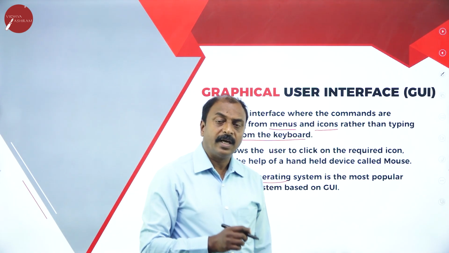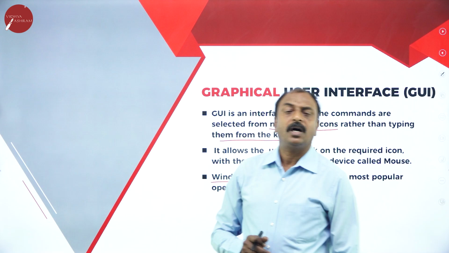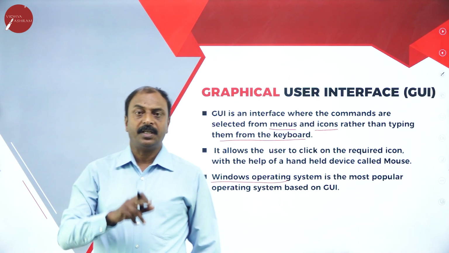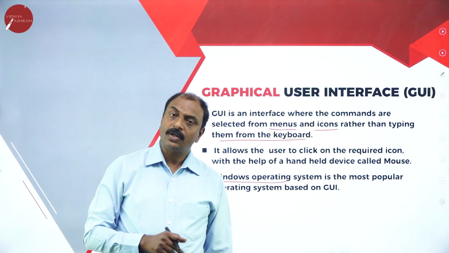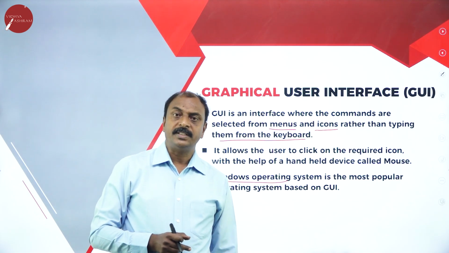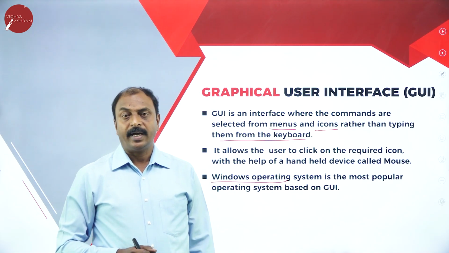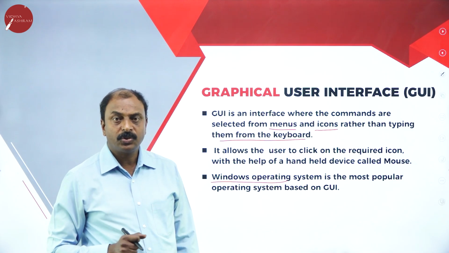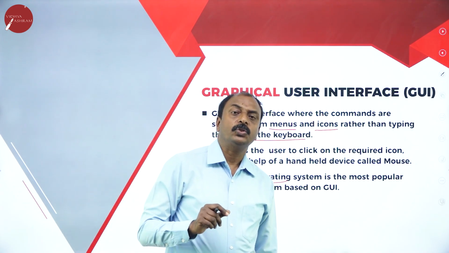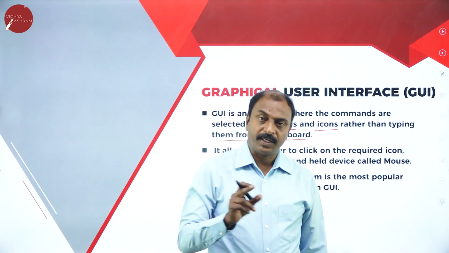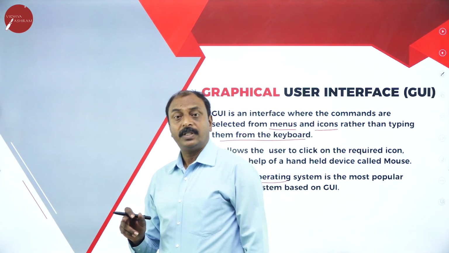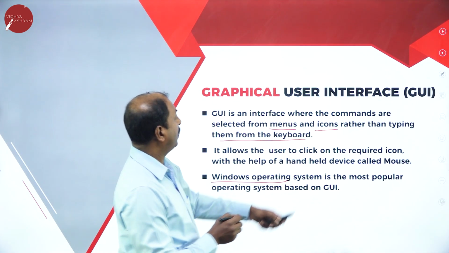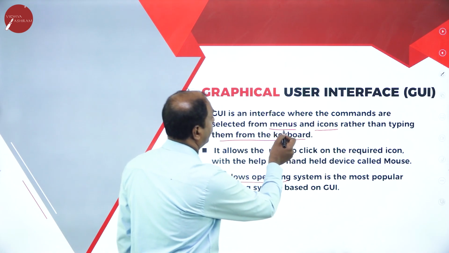How are we going to work with the operating system? As soon as you boot the computer, you can see the Windows screen. On that desktop we can see different types of icons, and it is supported with the mouse. The user selects different icons through a mouse. That is the meaning of icons as well as menus.